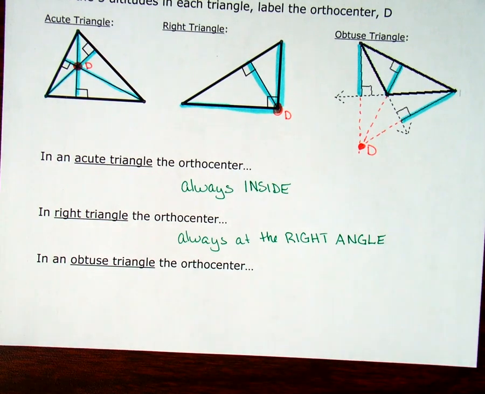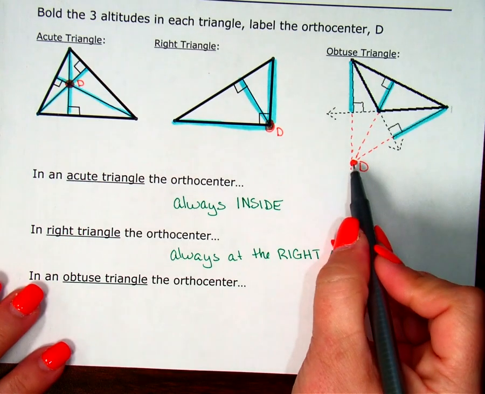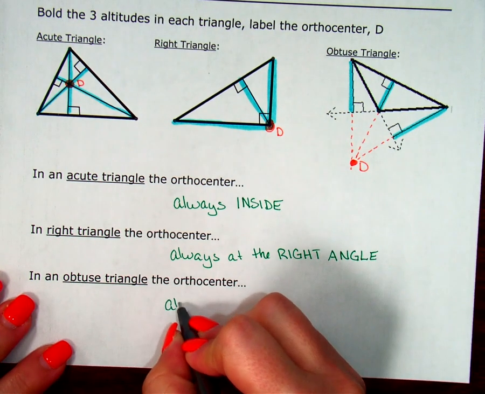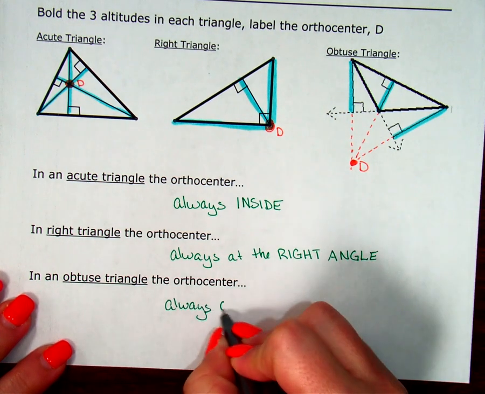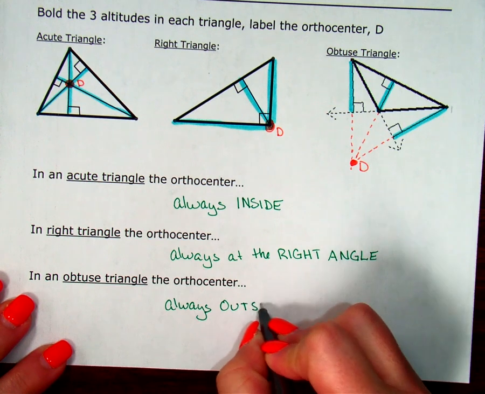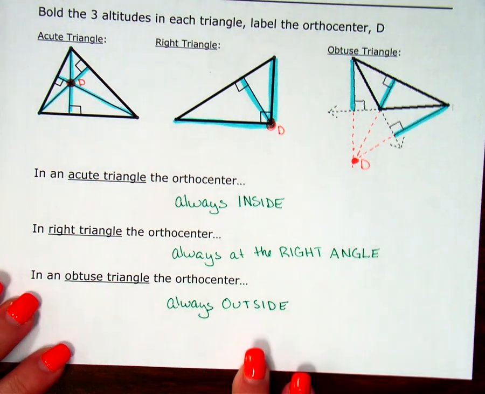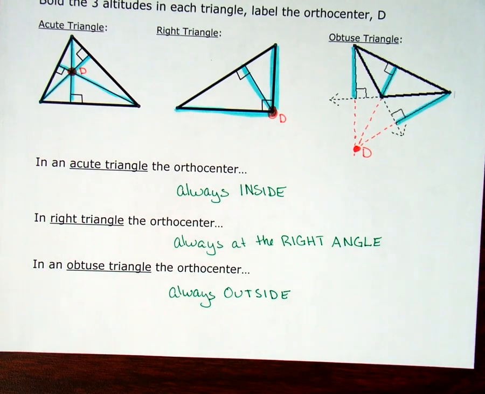Okay, so on the corner at the right angle. And then in your obtuse triangle, it will always be outside your triangle. Okay, so acute triangle always inside, right triangle always at the right angle, and in an obtuse triangle, your orthocenter will always be outside.